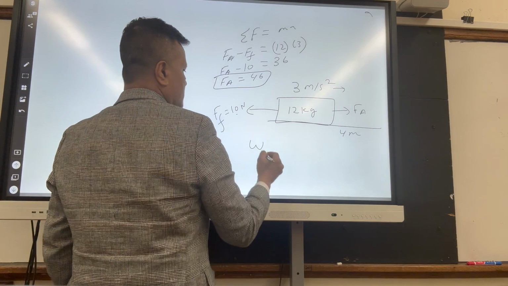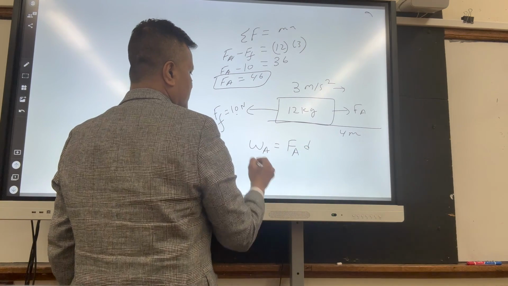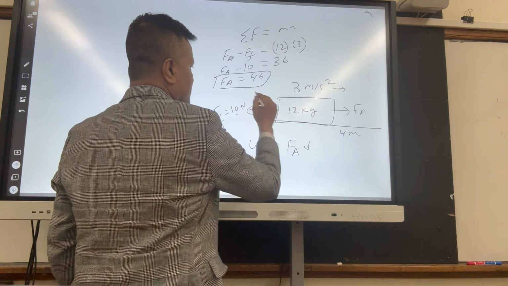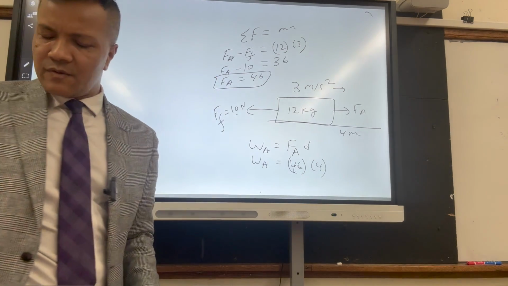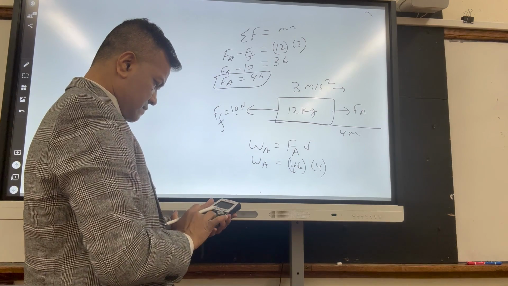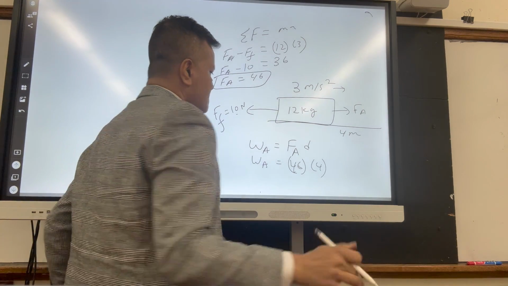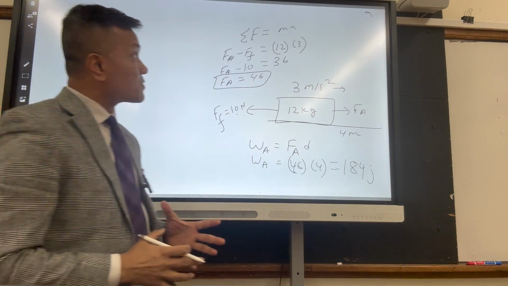So work done by applied force is F times d. What type of F? FA. FA is 46, and this is 4. 46 times 4 is 184. Sure. Okay, great. That was problem 12.